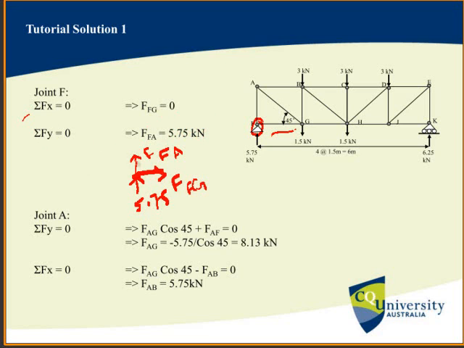So we already get the forces of these two members. Next, we will consider joint A. We have to draw the free body diagram for joint A. This figure is for F. This figure is for joint A.